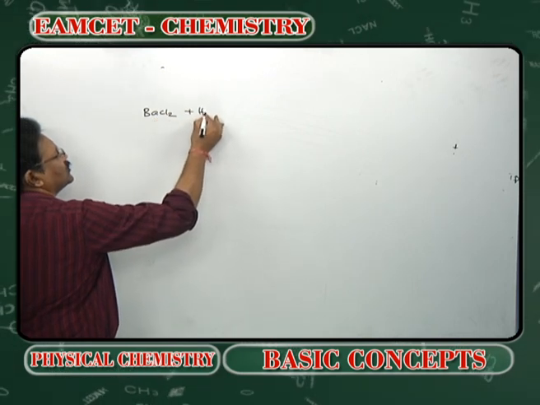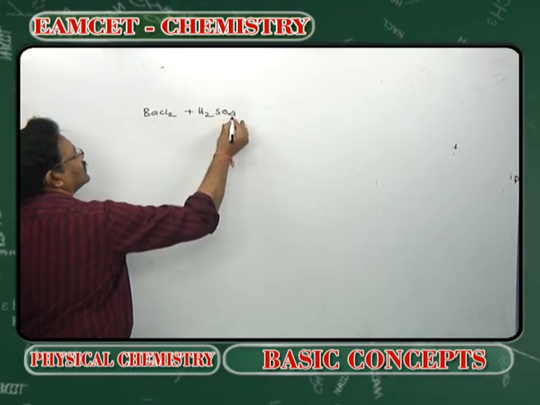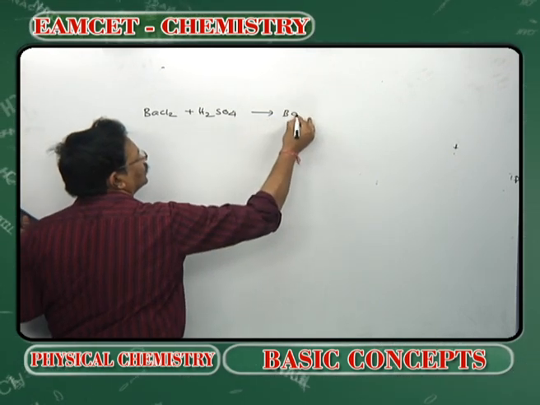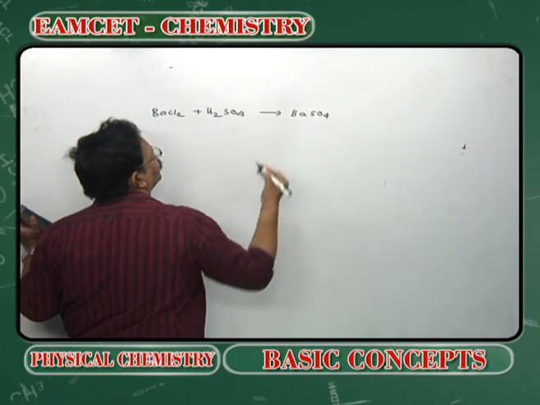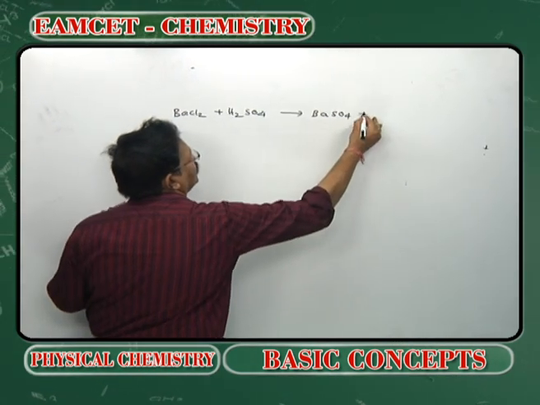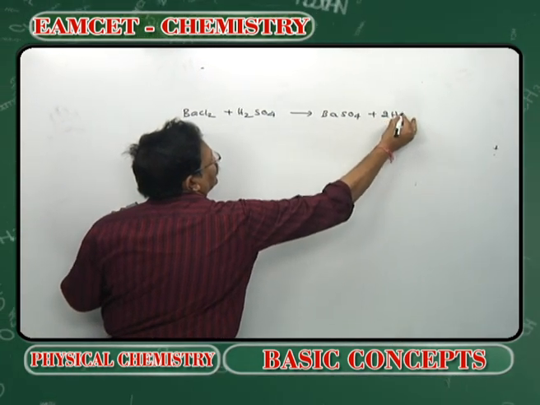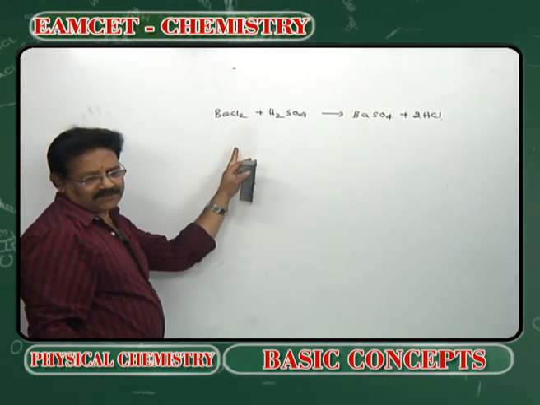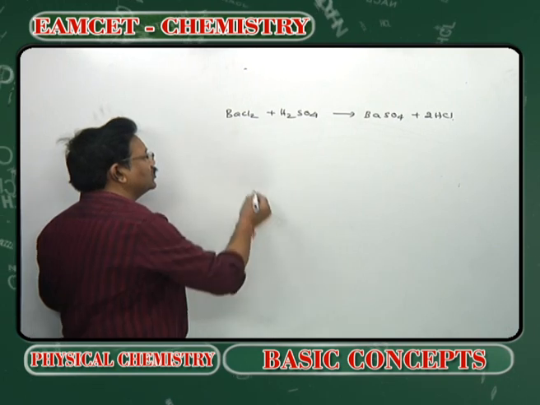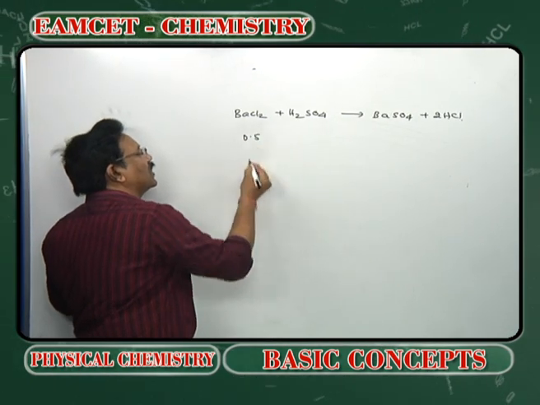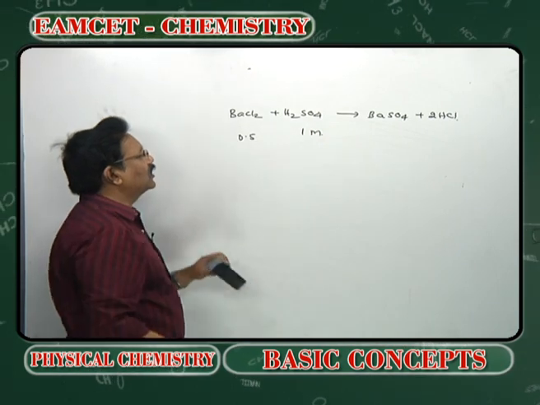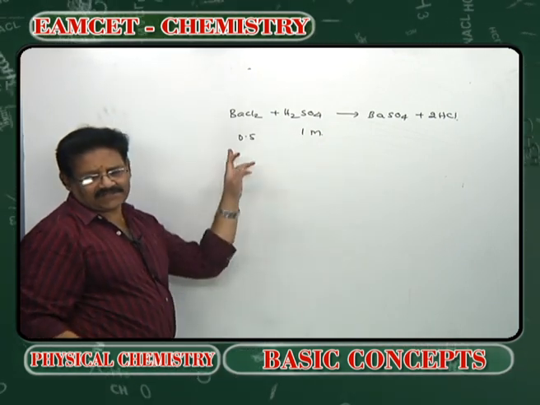BaCl2 plus H2SO4 gives BaSO4 plus 2HCl. What is the quantity of the BaCl2 taken? 0.5 molar, and this is 1 molar. What is the limiting reagent?